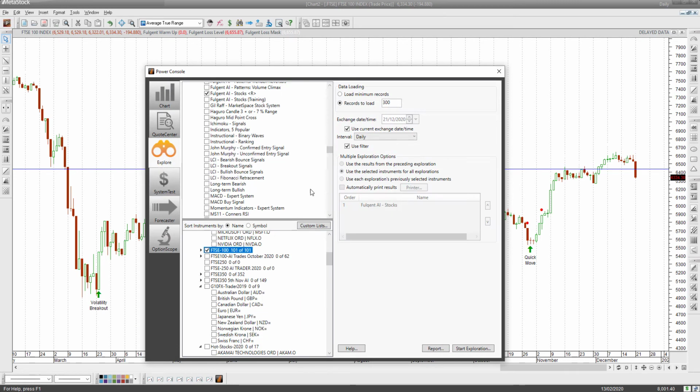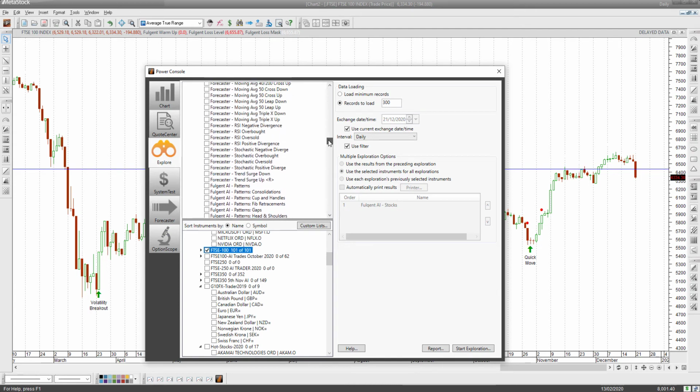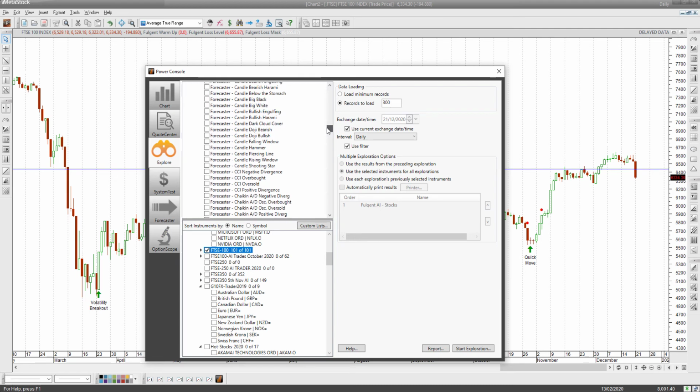I'm looking for the exploration. I make sure I've ticked the Fulgent AI, and you can see there's tons of strategies to use in the Metastock platform. The Metastock forecast, incidentally, is another similar type AI program. So I've got the FTSE100 selected.